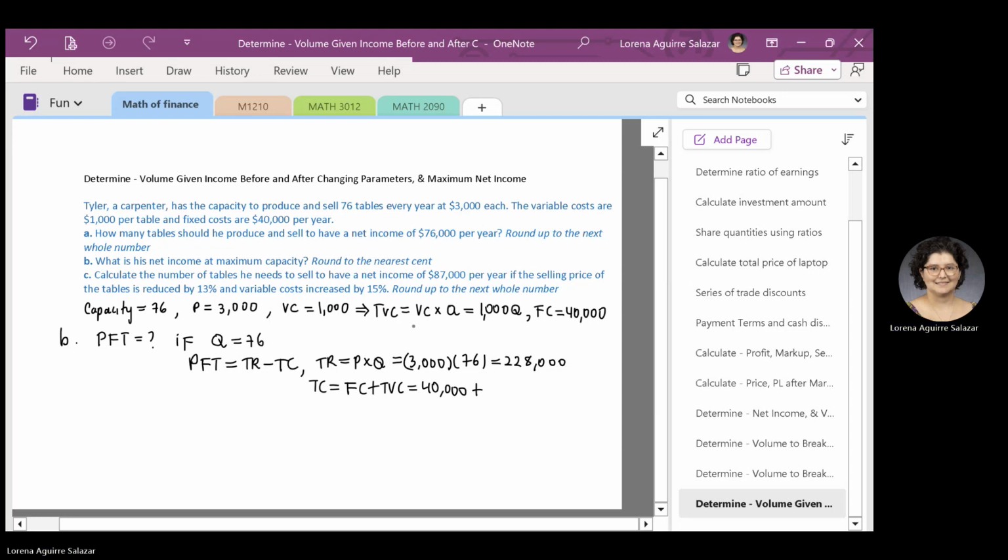So we get 116,000. Then the profit at maximum capacity is given by 228,000 minus 116,000. And that subtraction is 112,000.